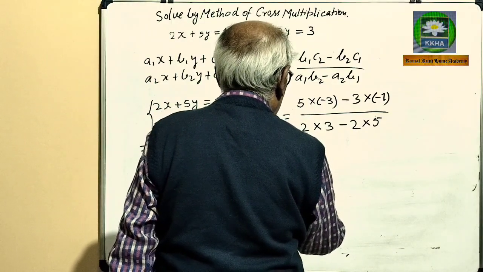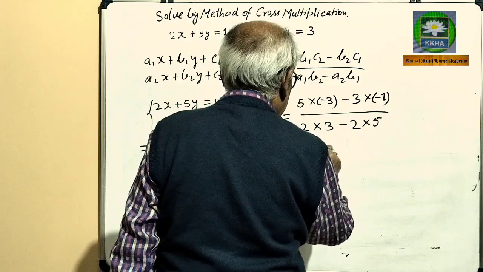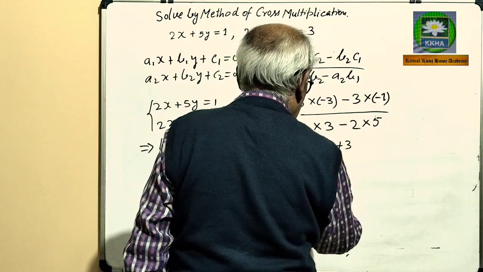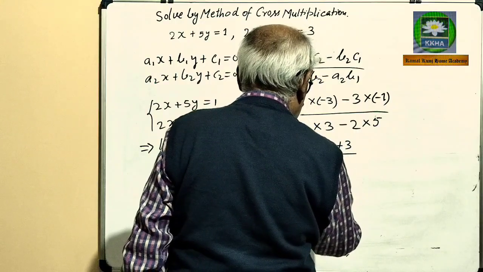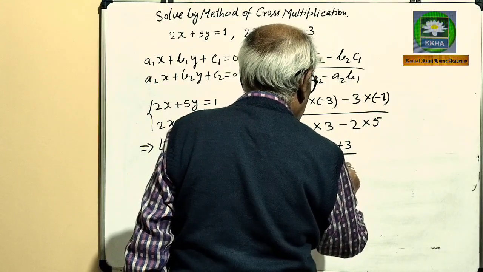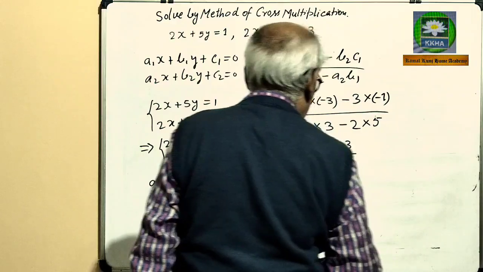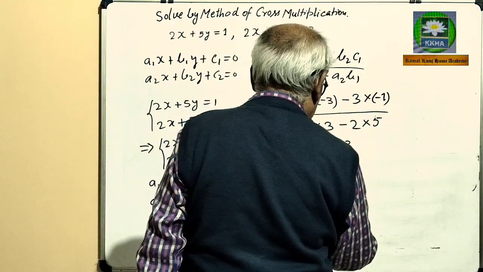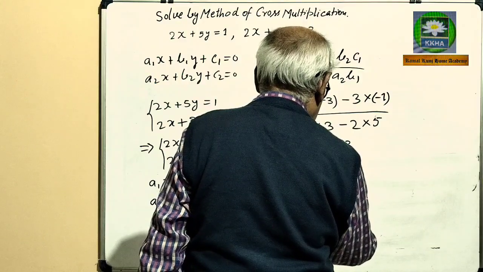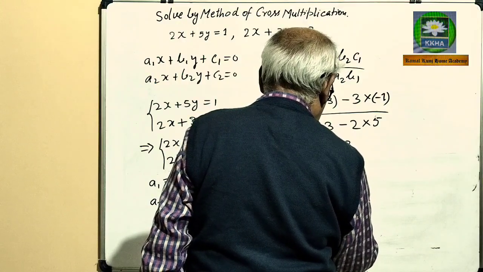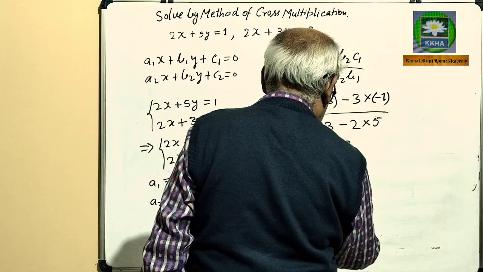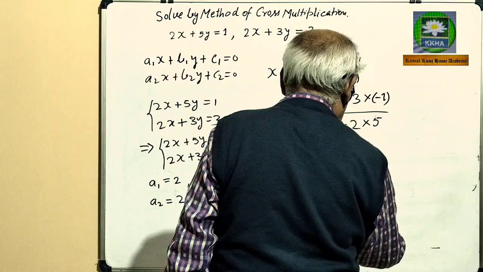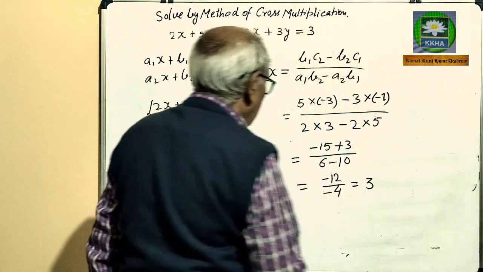This is equal to minus 15 plus 3 upon 6 minus 10, which is minus 12 upon minus 4, equal to 3. So x is equal to 3.